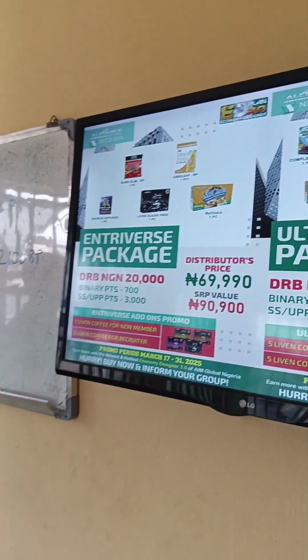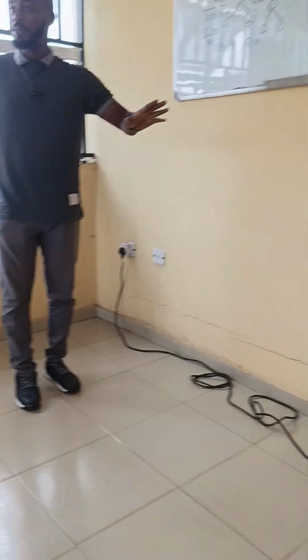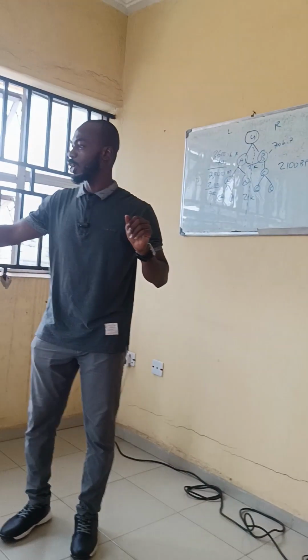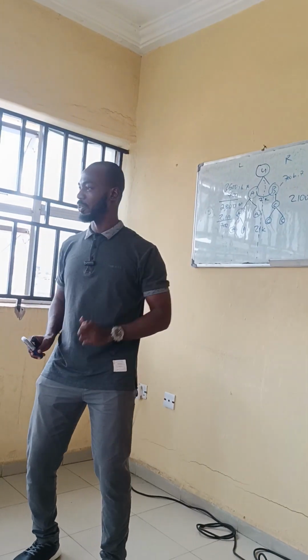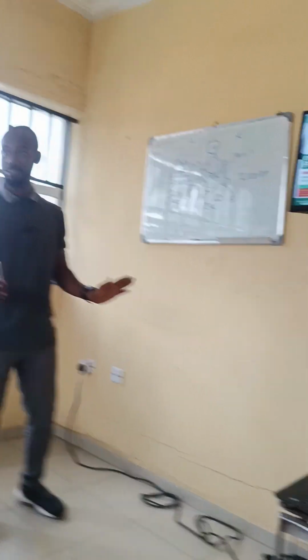So if people are doing business strictly with Entry Verse in your team, you are going to be calculating with 700 binary points. Very easy. Somebody does one account of Entry Verse, 700 binary points. Another account of Entry Verse, 700 binary points. Very easy to calculate, isn't it?